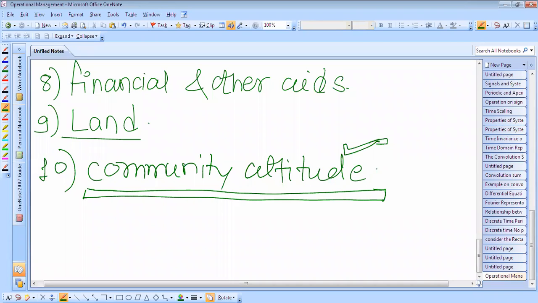But if local laborers do not want to do the work, then probably we should not install the plant in that region. So the community attitude is also a very important factor that affects the selection of the plant site. Okay, so next is the presence of related industries, that is also one of the factors.